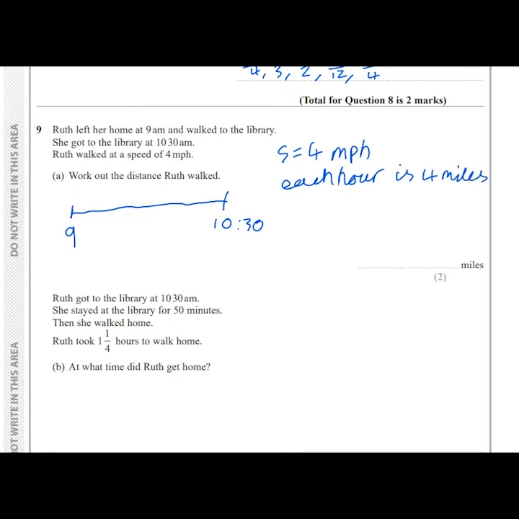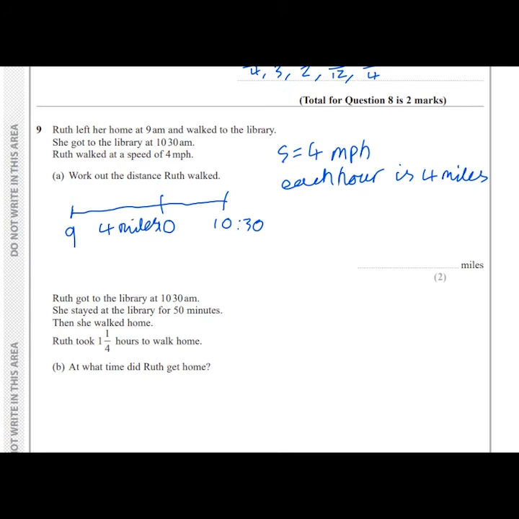We can think of fancy equations for this, but I think the easiest way of doing it is to just look at this diagram. We've got 9 till 10:30, so we just add in 10 o'clock here, roughly to scale. So we know each hour Ruth can walk 4 miles, so between 9 and 10 o'clock she's walked 4 miles.